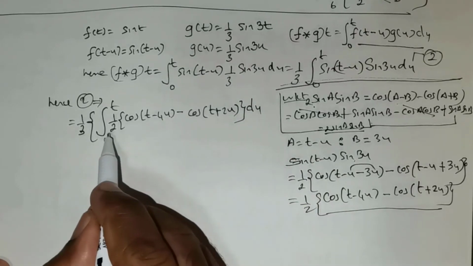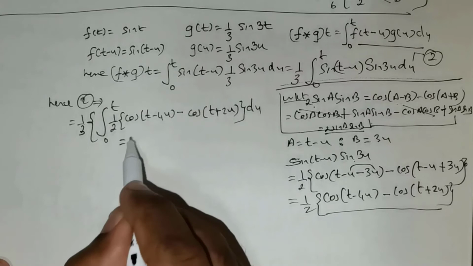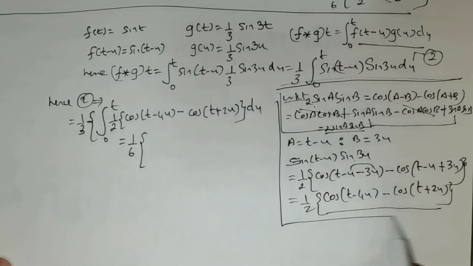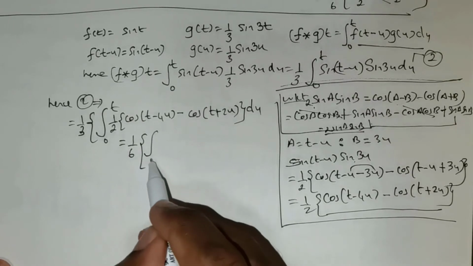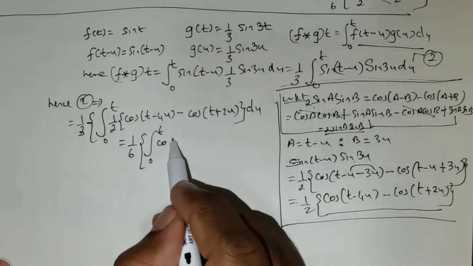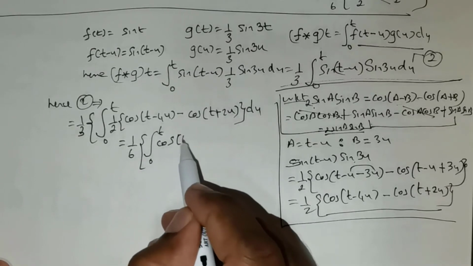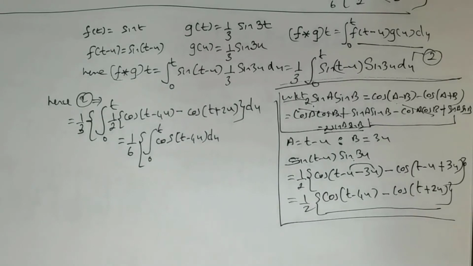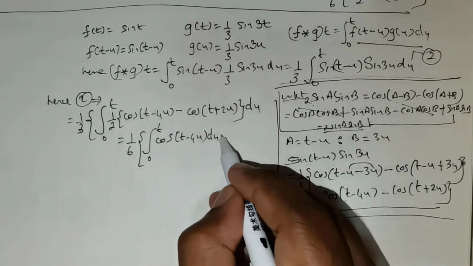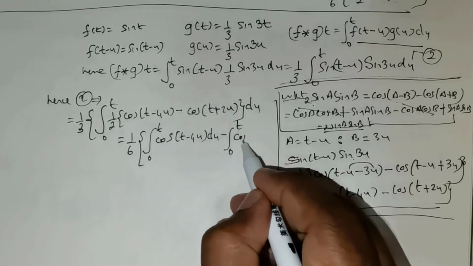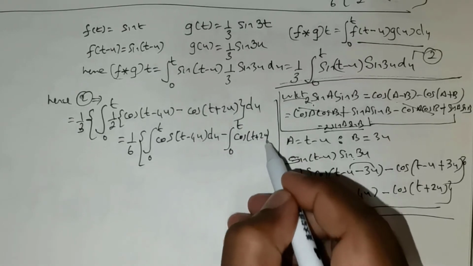Now I have a quantity of 1 over 2, I can take that out. So that will be 1 over 6 times the parenthesis. I need to integrate from 0 to t cos of t minus 4 times u du, followed by a negative sign, integral 0 to t cos of t plus 2u times du.